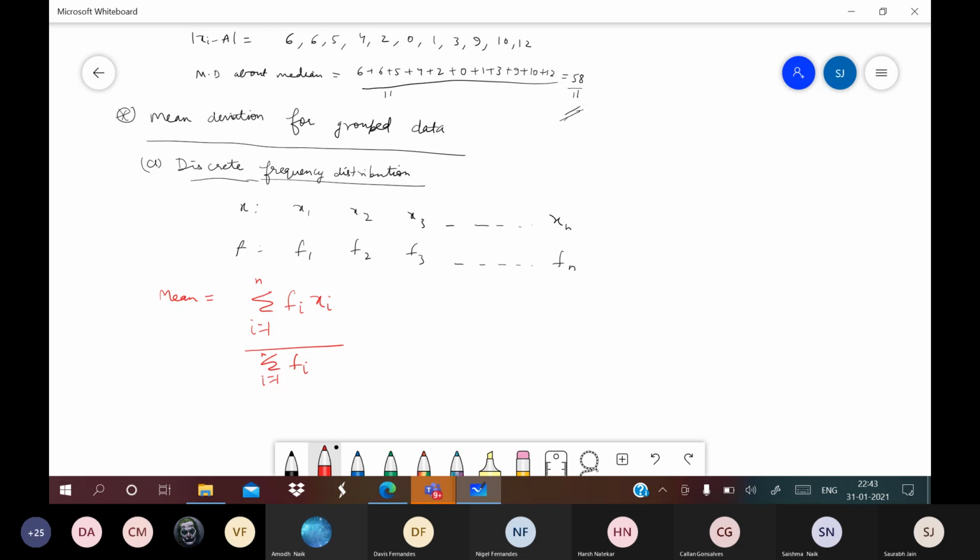How do we find median? No one has any idea? Is it cumulative frequency? Yeah, something related to cumulative frequency only.